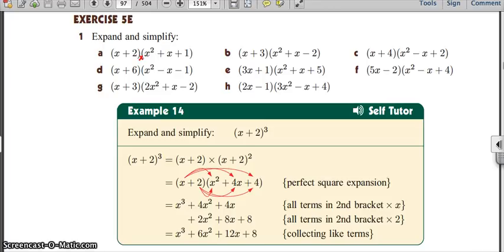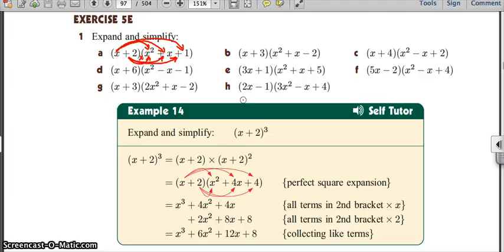There is a times there. Everything in this bracket must be multiplied by everything in this bracket. So we multiply the x by x squared, the x by positive x, and the x by positive 1. And then we're multiplying the plus 2 by the x squared, the plus 2 by the plus x, and the plus 2 times the plus 1. Notice my language, I'm saying the plus 1 all the time because that goes with the number that follows it.